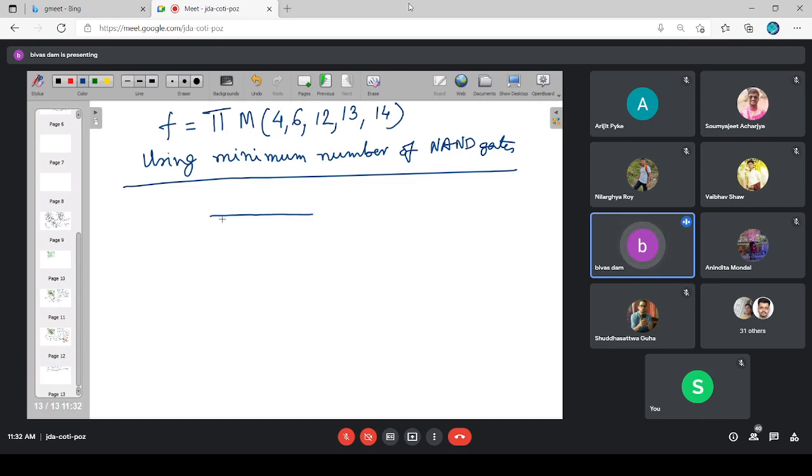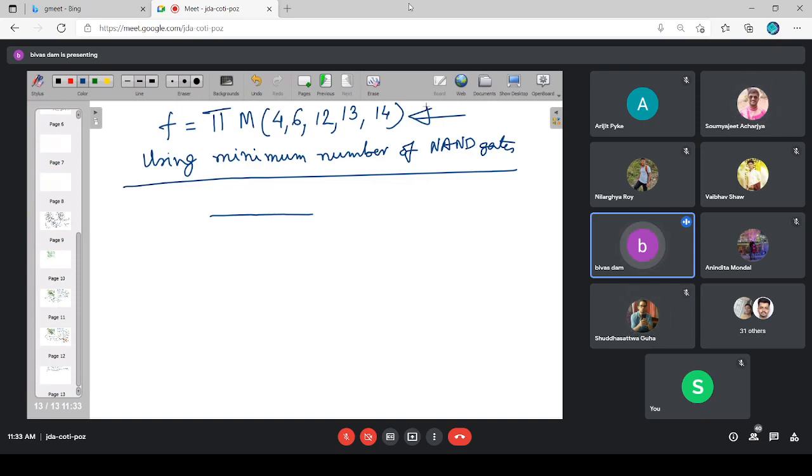But what is given? Remember, I can say that this is my truth table. Why can I say that? Because it specifically mentions for which input combinations the output should be 0, so for the other input combinations the output should be 1.